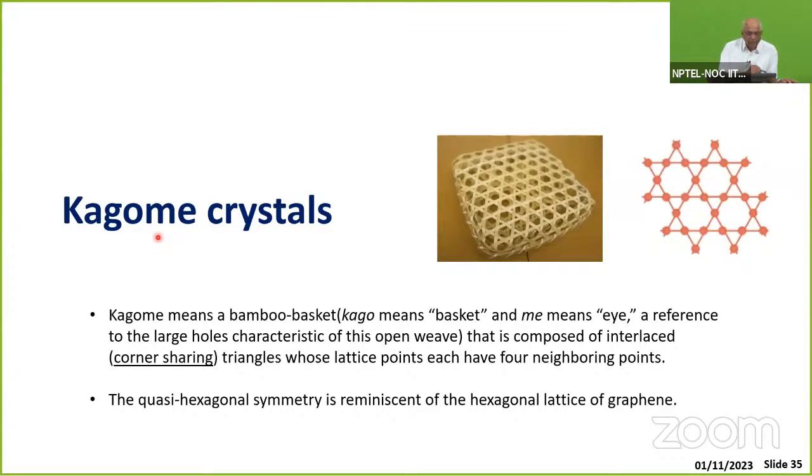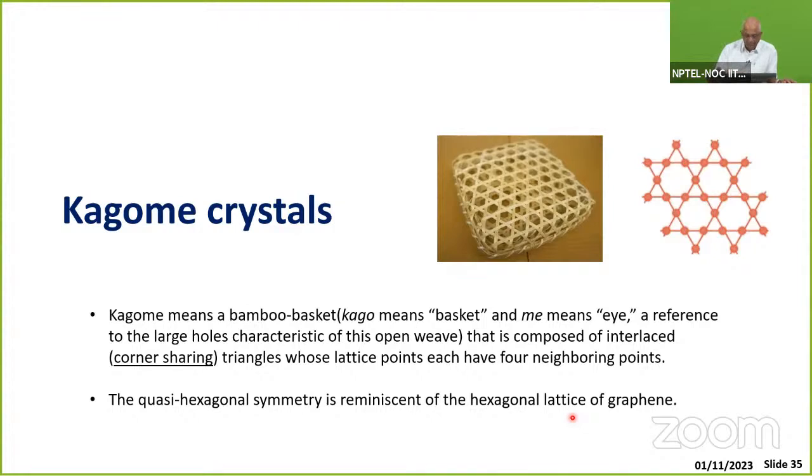The Kagome crystals. Kagome means a bamboo basket in the Japanese language. Kagome is a bamboo basket shown here. The beauty is you have these triangular structures, corner sharing triangles. So there's a quasi-hexagonal symmetry, reminiscent of the hexagonal lattice of graphene.